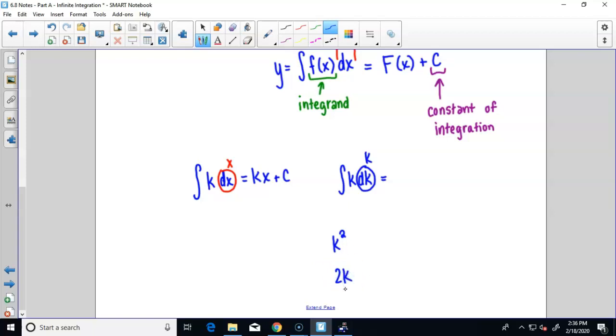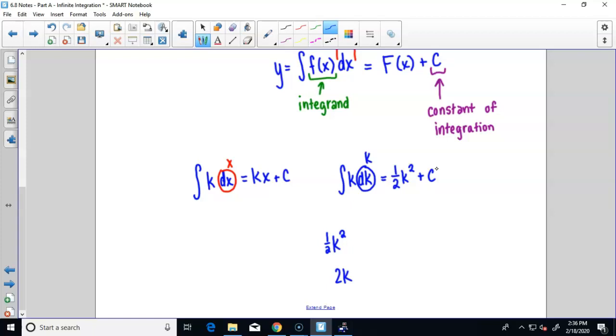Not it, right? What could we do to make that work so we just get k? We put 1/2 k, then we'd have 2 times 1/2, which would be 1, k to the first power. So 1/2 k squared plus c. Okay, so that's the difference in why we have to have that.